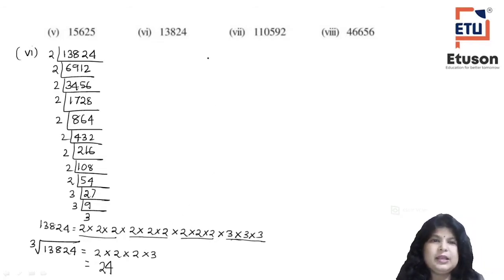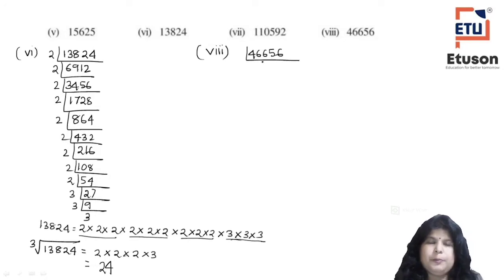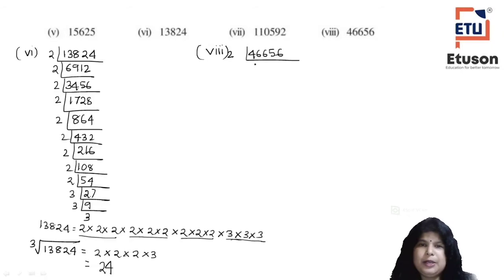Correct, children? So now let us go to bit 8. So here you have the number 46656. Let us find out the prime factors of this number. Divided by 2, you get 23328.